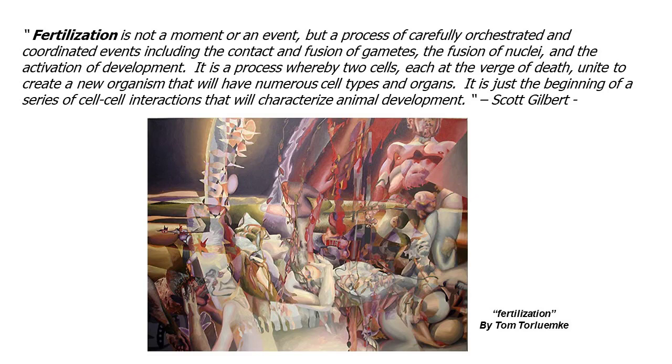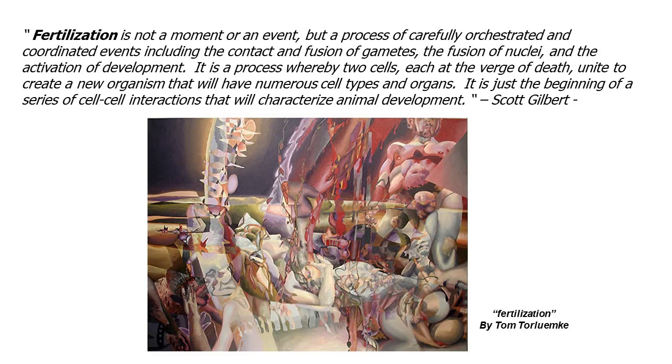So I love this saying. Scott Gilbert is a famous developmental biologist, and this is a great quote, and this illustration, it's very complicated, and it's called fertilization. And to me, fertilization is an extremely complicated series of events. And the part that I particularly like about this quote says fertilization is the process whereby two cells, each on the verge of death.